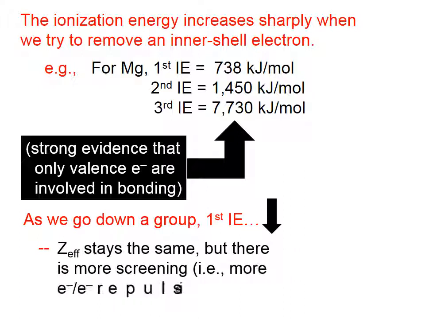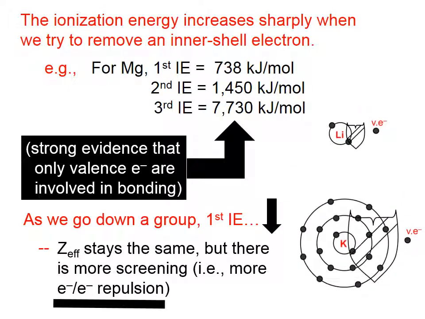And here's why. The effective nuclear charge on the outer valence electrons stays the same as you go down a group, but there's more screening, that is, there's more electron-electron repulsion. Let's use an example here with lithium and potassium, both alkali metals.